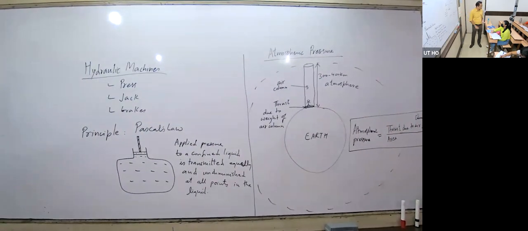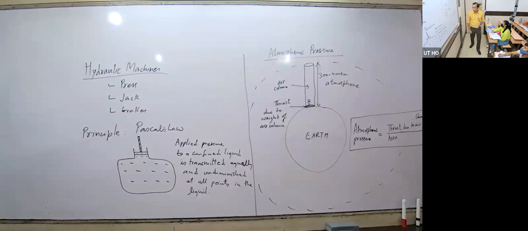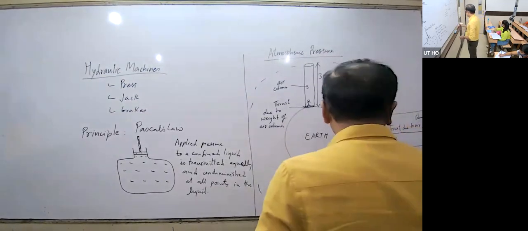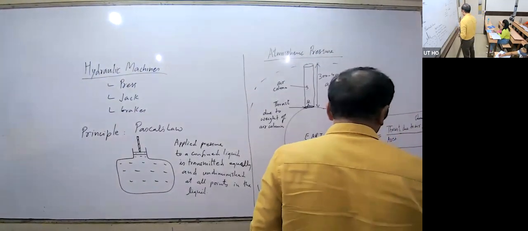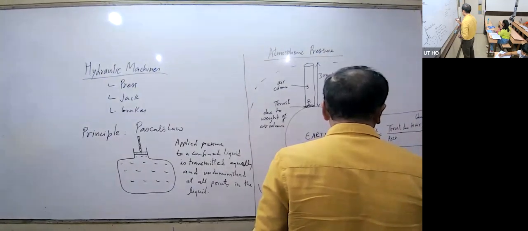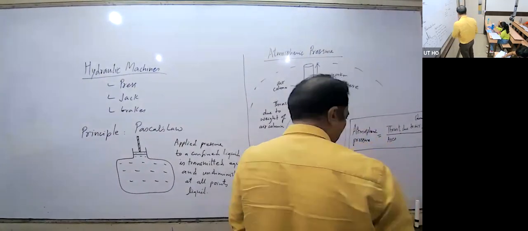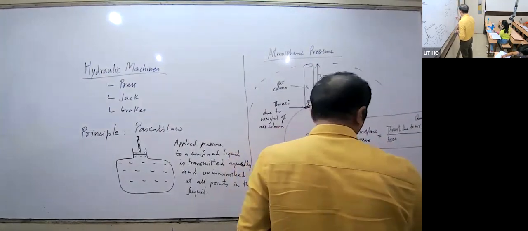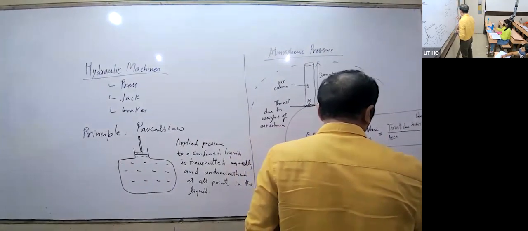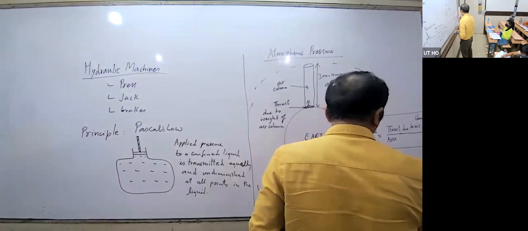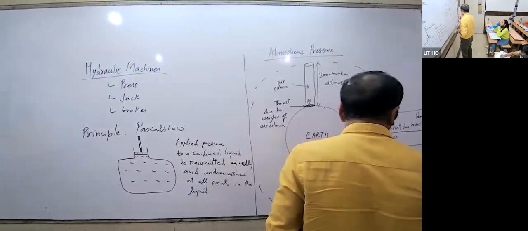That is atmospheric pressure. Right? And the unit in which atmospheric pressure is measured is atm. 1 atm is equal to 1.013 into 10⁵ Pascal.